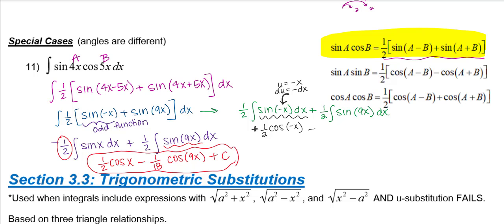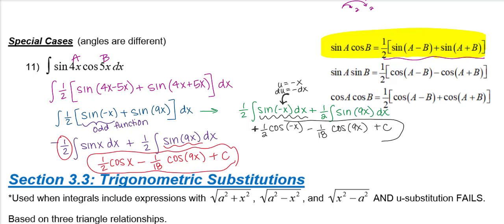And then I do the same thing that we did over here with the sine of 9x. It will be a cosine of 9x, because you're not allowed to change that angle, and then divided by another 9, and I'm going to change that sign in between to a minus, because I need that negative in there, plus c.